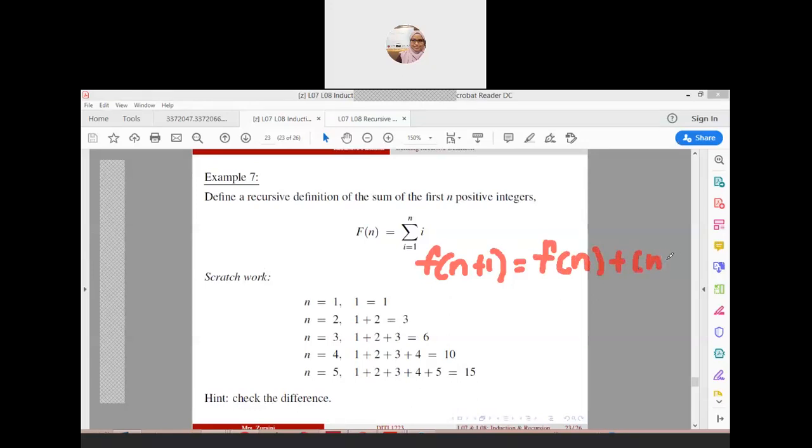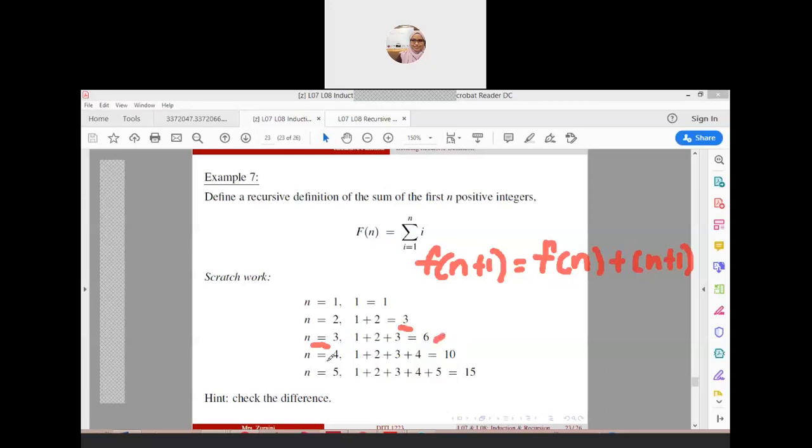This is the recursive step. Which is apabila kita nak cari F3, kita guna value F2 which is 3. 3 tambah 2 tambah 1 kan 3. 3 tambah 3 kita dapat 6.